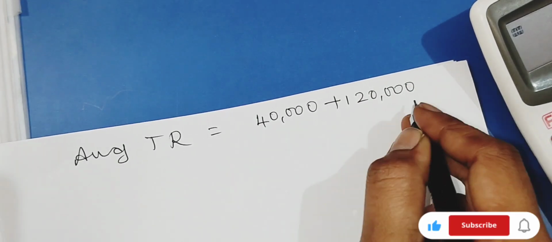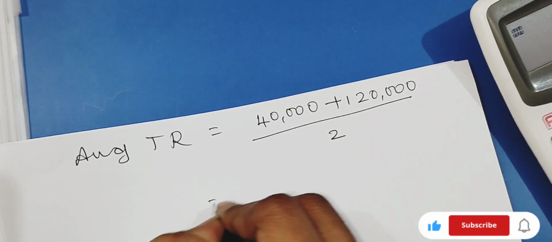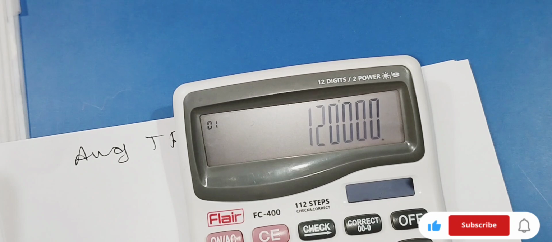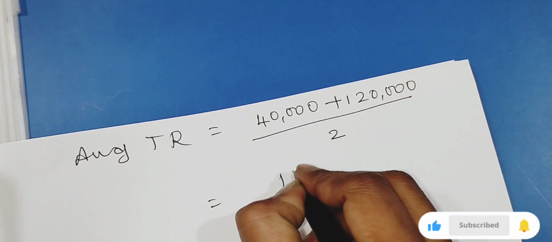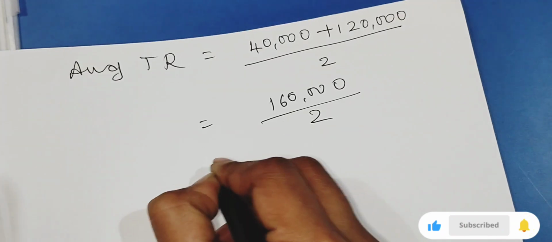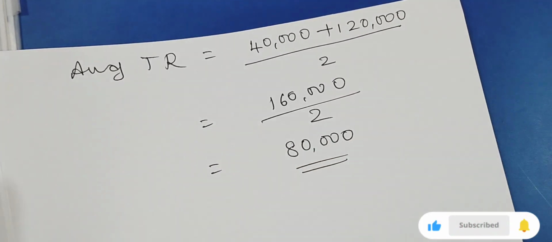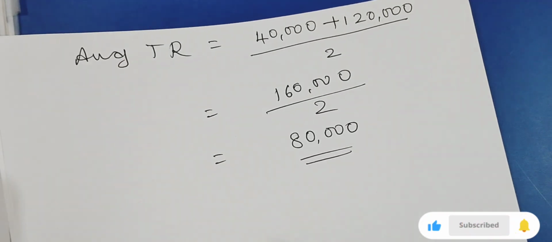Opening plus closing divided by 2. 1,20,000 plus 40,000 is 1,60,000, divided by 2 is 80,000. Average trade receivables is 80,000.